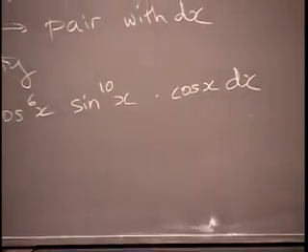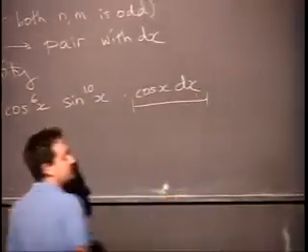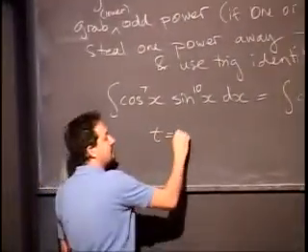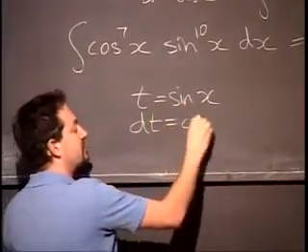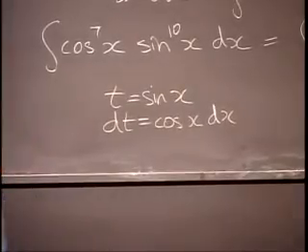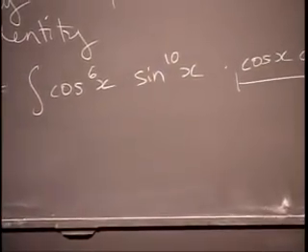The fact that there's a cosine x dx suggests that I should substitute t equals sine x, because dt is cosine x dx. Of course, there is stuff in sine x, so that's just t to the 10.